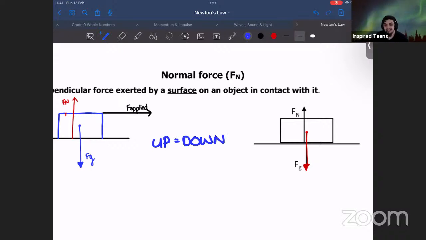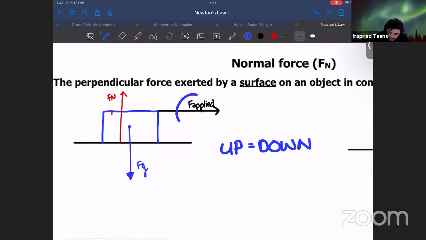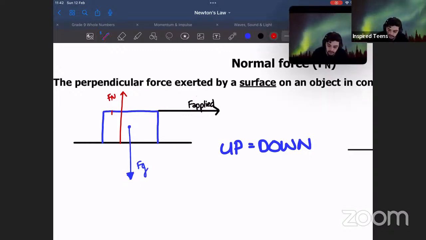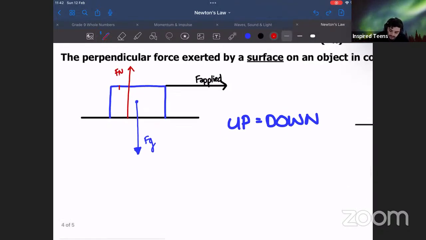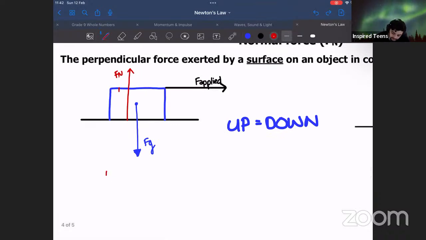Whatever is up along the vertical axis and whatever is down along the vertical axis are equal to one another. In this case, we have F applied, which is in the right direction, so that actually doesn't concern us when it comes to F normal.